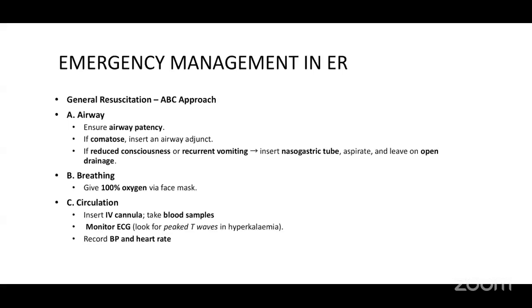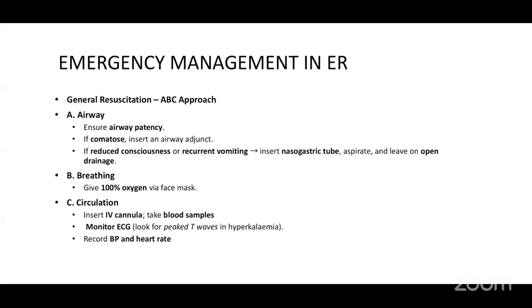Coming to fluid resuscitation, like we've already discussed, if the patient is not in shock, then you give a bolus dose, 10 ml per kg, 0.9% normal saline over 30 minutes. That's it. If signs of shock are present according to APLS guidelines, you give 10 ml per kg of isotonic crystalloid over 15 minutes.